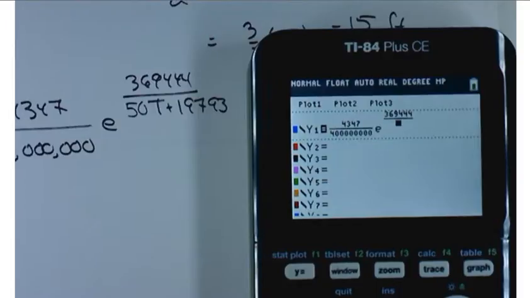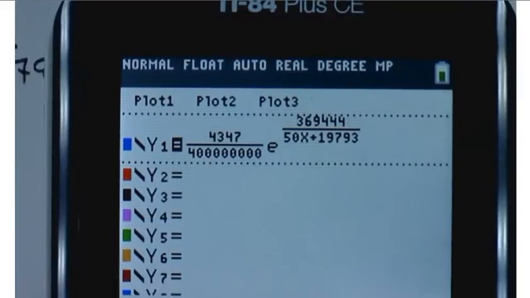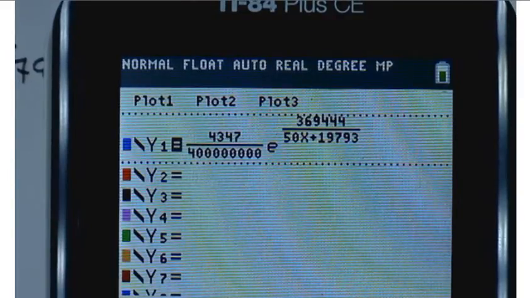Hit the down arrow to go into the denominator. 50. We're going to have to use an x here, unlike the t that we have over here. 50x plus 19793. So, kind of a challenging expression to put in here, but I think we got it.